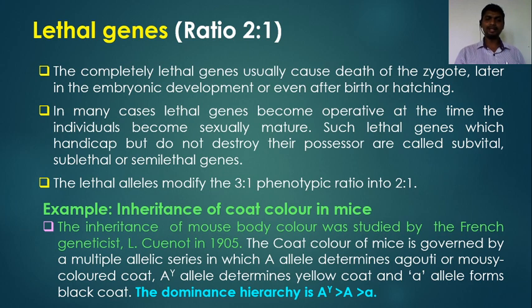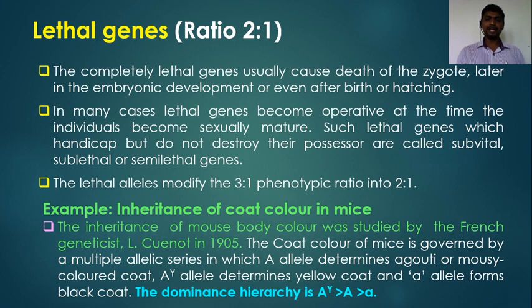The capital A^Y allele, Y stands for yellow, determines yellow coat, and the small a allele forms black coat. So here there are three different varieties of coat color in mice: agouti or mousy colored, yellow colored, and black colored.